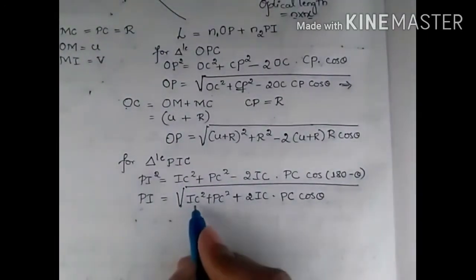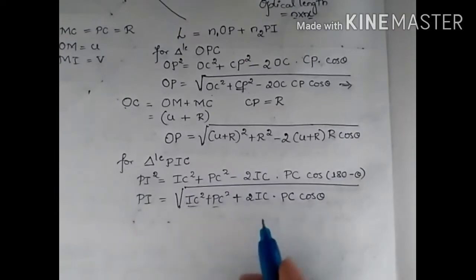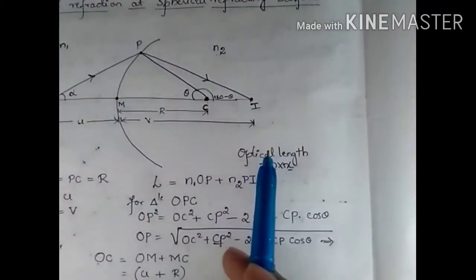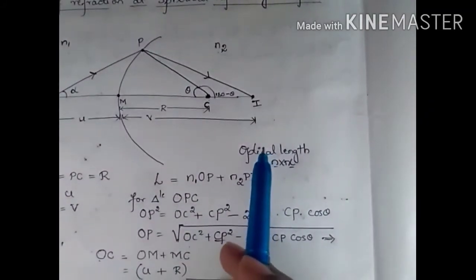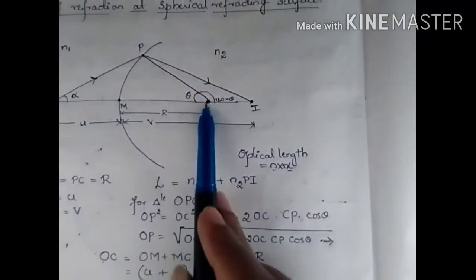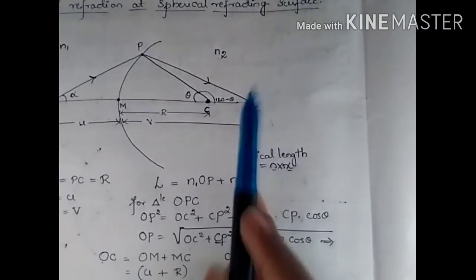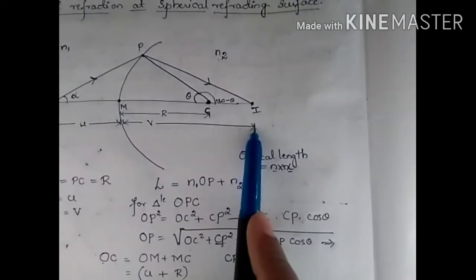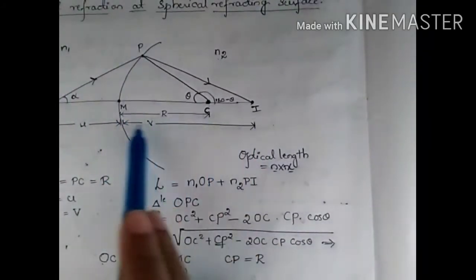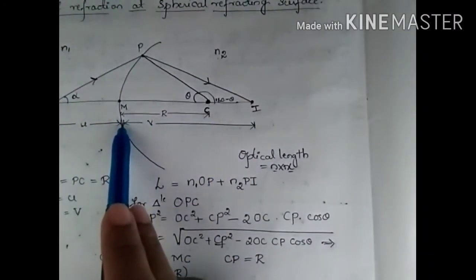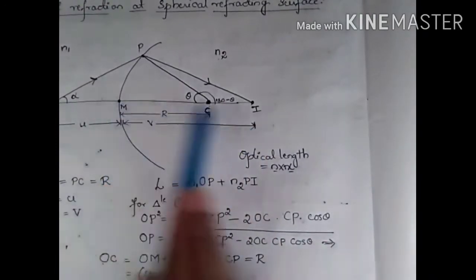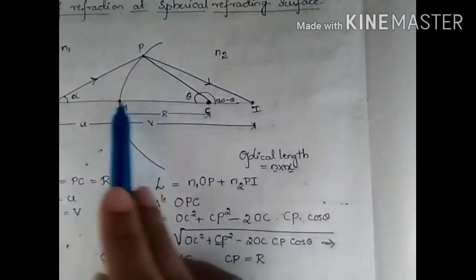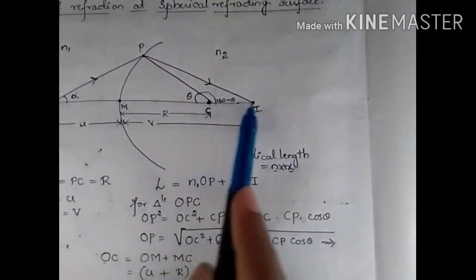So here you have two terms, IC and PC. Now let us understand what IC and PC are. If you want to get IC, then you have to subtract R from the value V. It is very clear here. Over the overall range, if you see, MI is V. If you subtract MC from MI, you get CI.